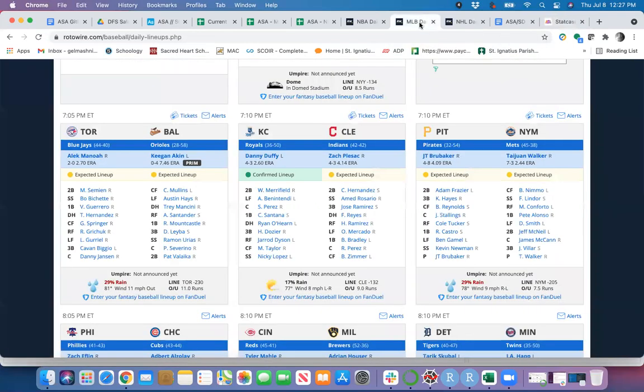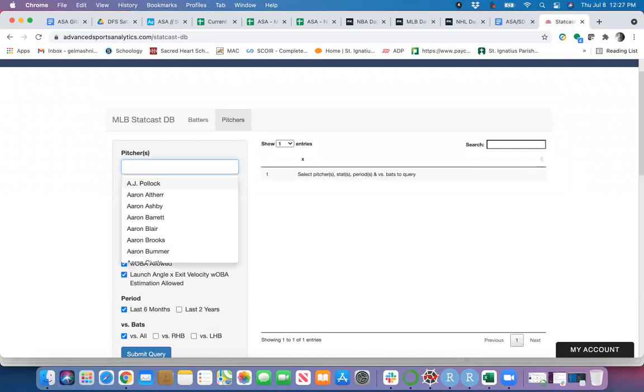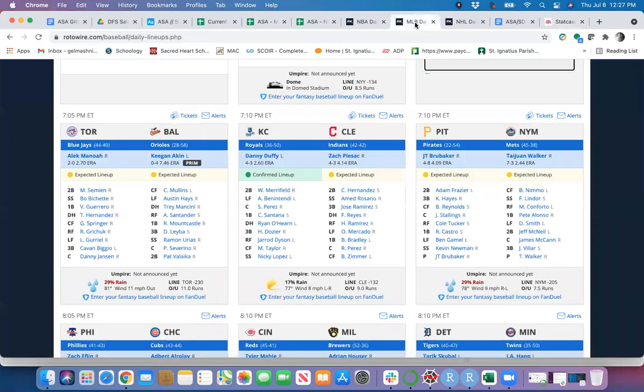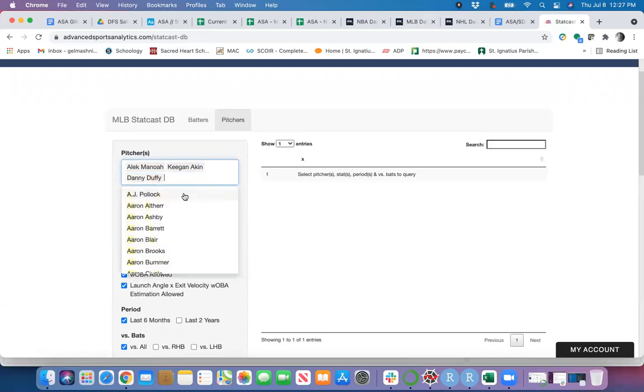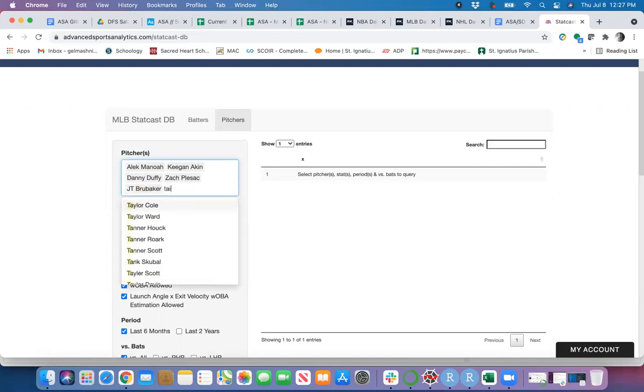So it takes a little bit of time, but if you see here, we got Manoah and Akin. So I would just type in the last name. Usually it should show up, populate. And it can be the primary starter for Baltimore. Then I'm going to have Duffy, Plesac, Brubaker, and Walker.